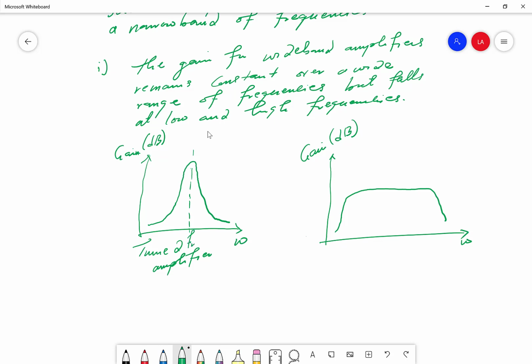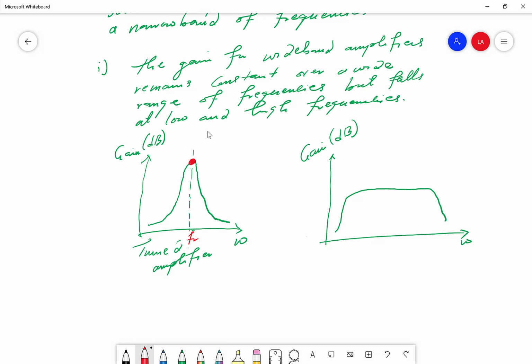Okay, now you realize that for the tuned amplifier, the maximum gain is at the apex of the frequency response. You can find the highest gain at that point.